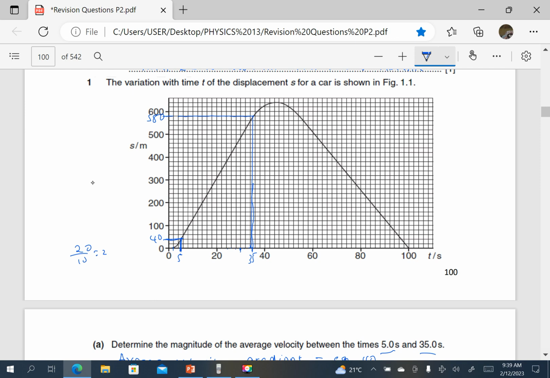Then after around 35, the gradient starts decreasing. Here the gradient decreases after 35.